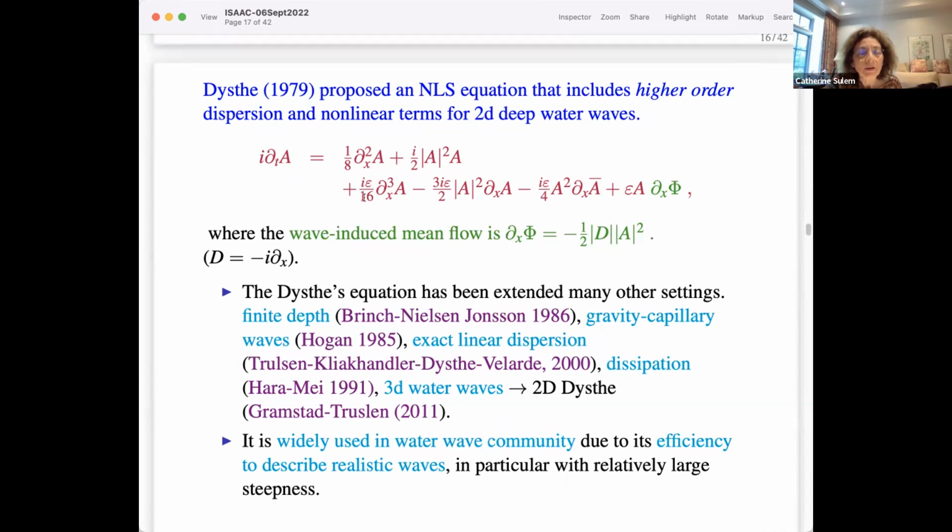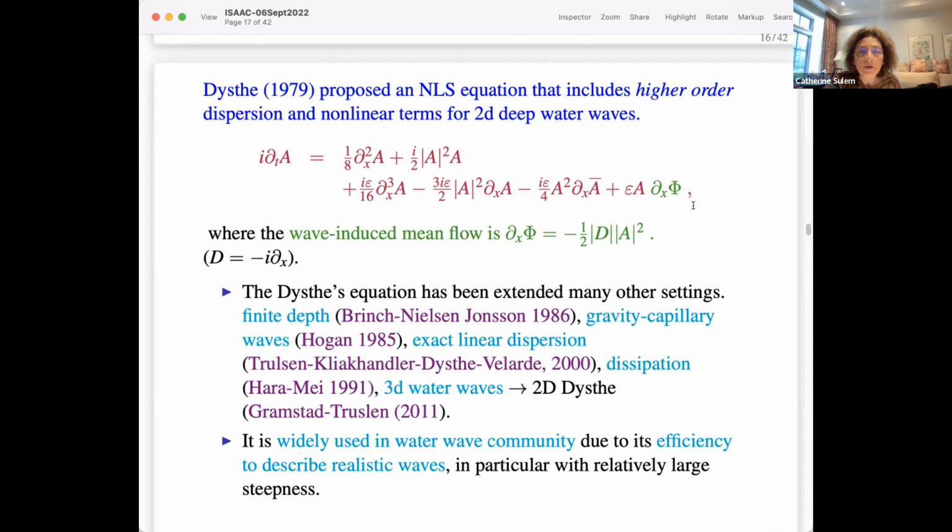And in the second line, we see the higher order terms. There is a little epsilon, and it involves a higher order dispersion and higher order nonlinear terms that include derivatives of the function A, of the amplitude. But it also includes a non-local term, a wave-induced mean flow, and that's really the signature of the Dysthe equation.